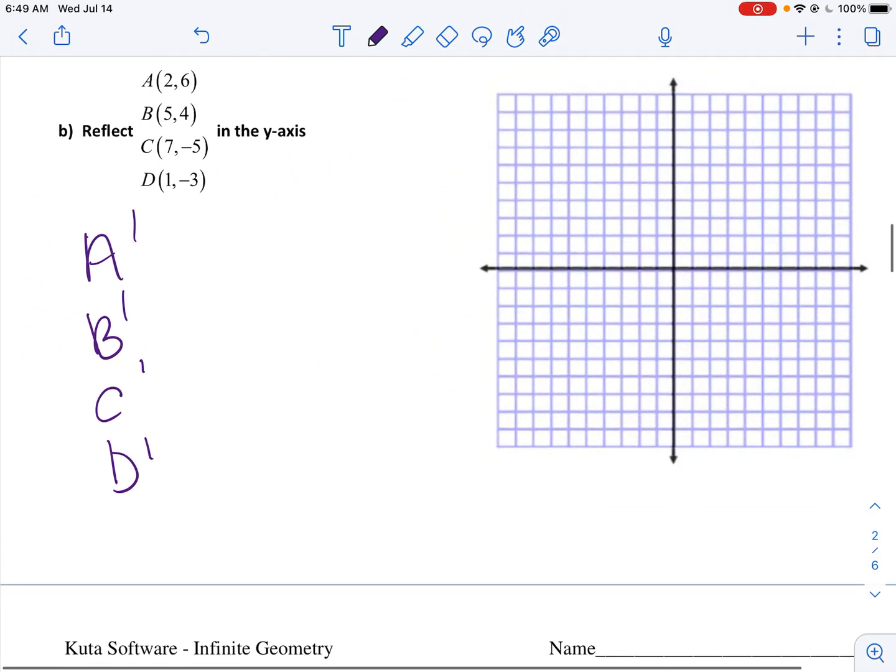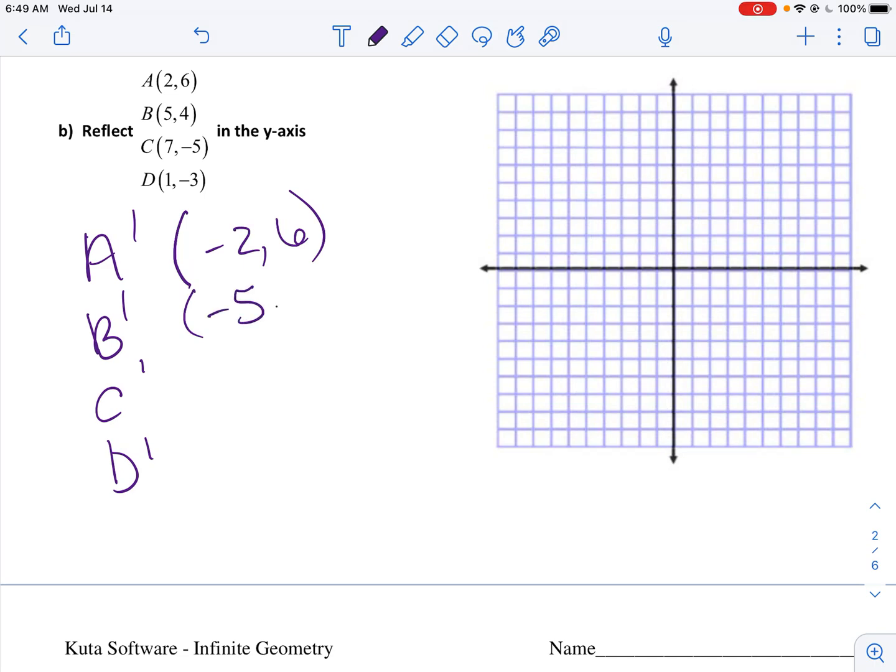So A prime, the opposite of 2 is negative 2. The y stays the same. The opposite of 5 is negative 5. The opposite of 7 is negative 7. The y stays the same. The opposite of 1 is negative 1.